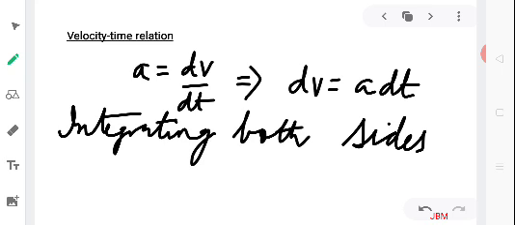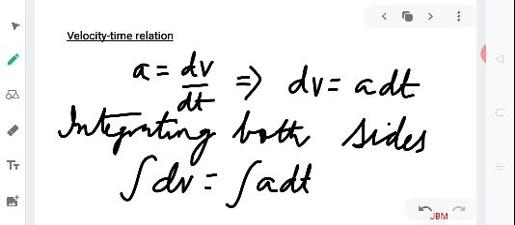Whatever infinitesimally small values have been considered, if we add them all up, then obviously we will get the total value. And integration is nothing but summation of these very small parts. So we need to integrate both sides of this expression. Symbolically we write it as integral dv equal to integral A dt.